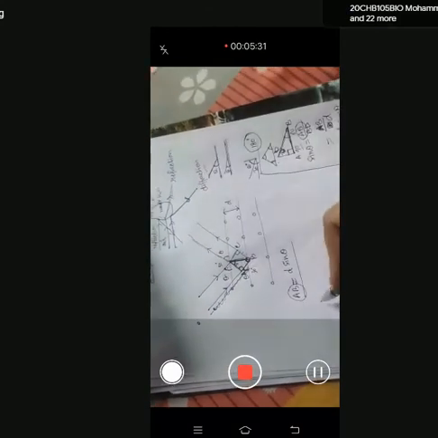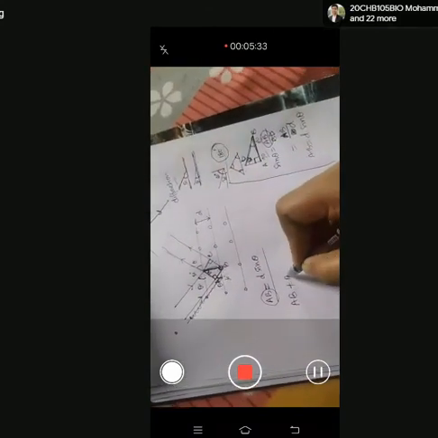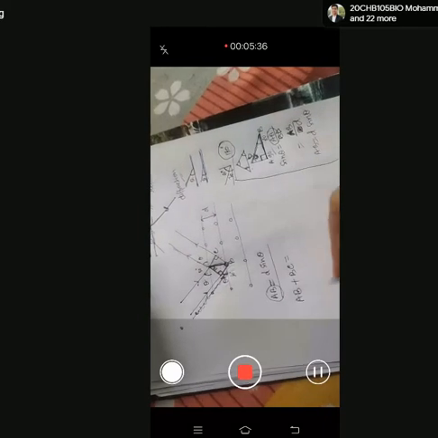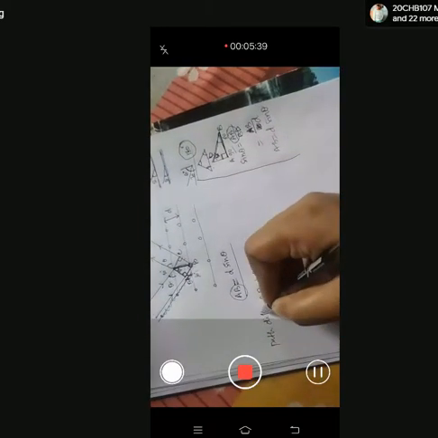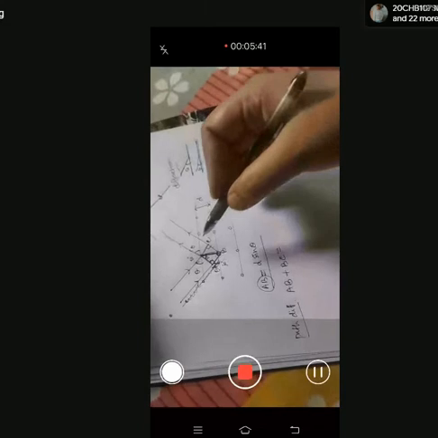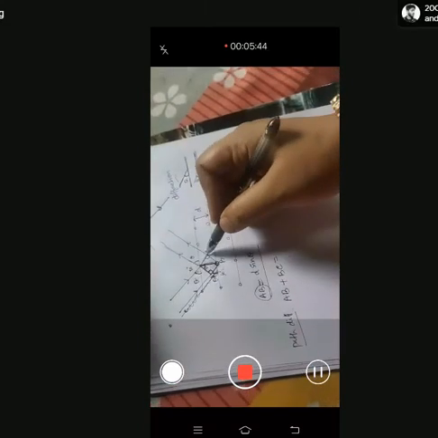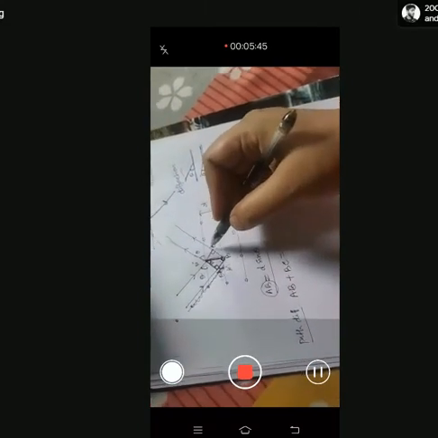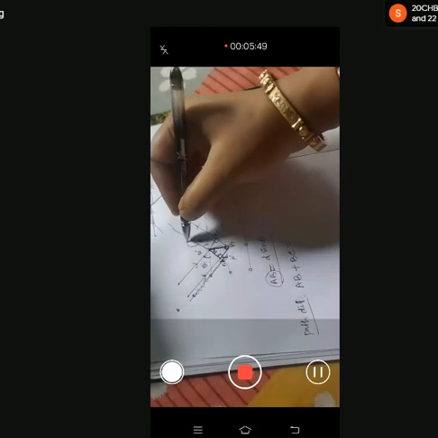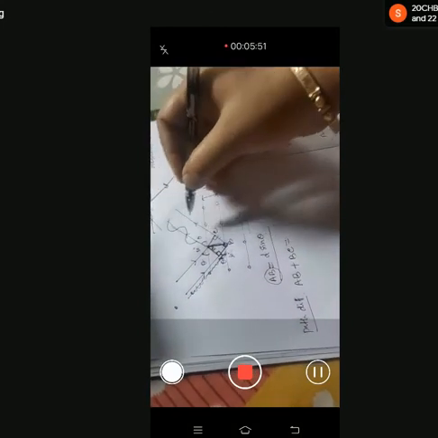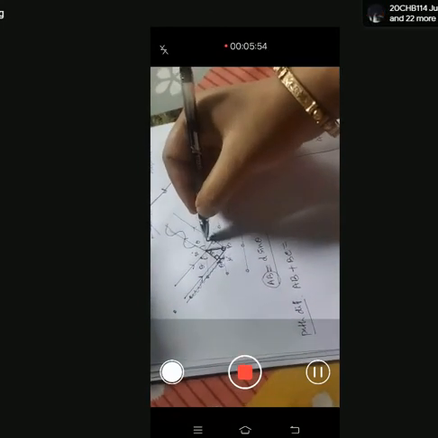So that means the path difference between the two is AB plus BC. This is called path difference. Why? Because it travels an extra wavelength. Now you can draw the wave like this, and the second one will be like this.